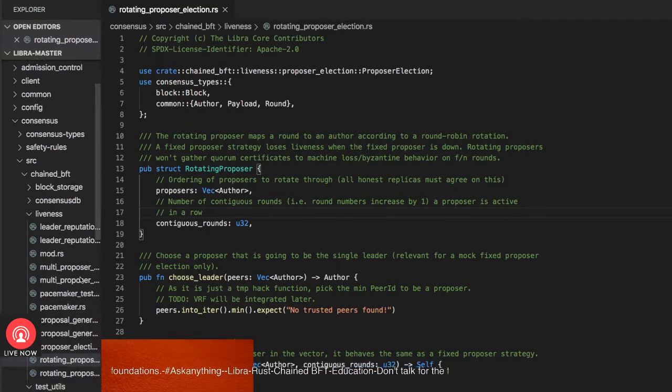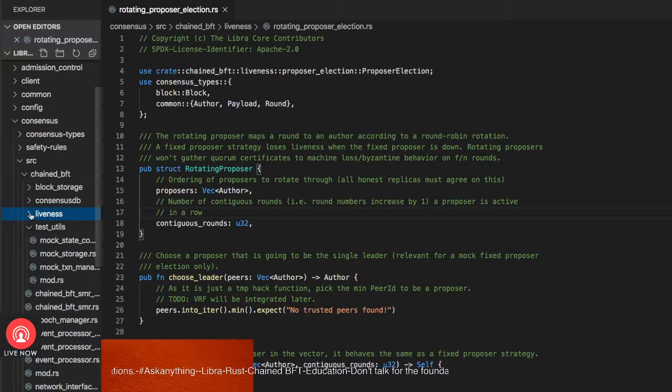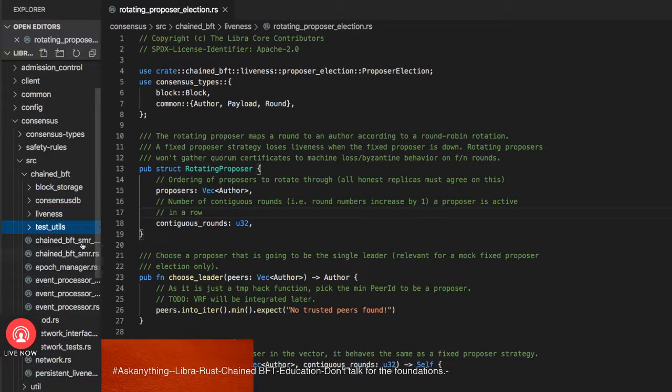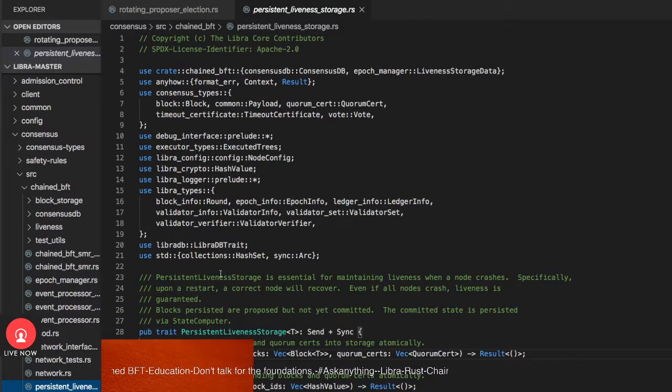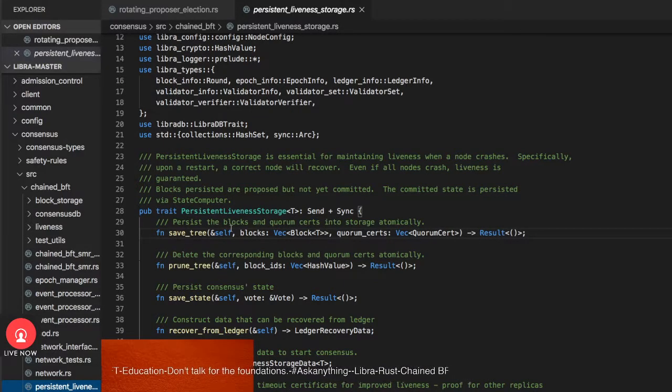So in this video we are talking about some details in this chained BFT. Let's see this persistent liveness storage. So let's start with the code.